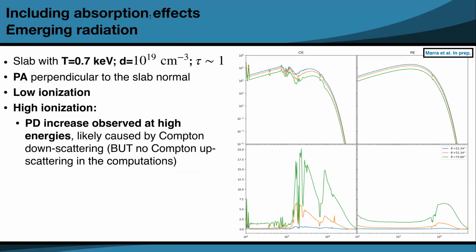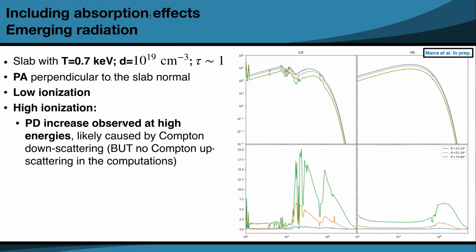The situation is quite different in the high ionization case. In this case, we don't observe many absorption features, so there is just one, that is the iron absorption edge at 9.1 keV. And while we don't observe this strong increase in polarization degree, because we don't have that much absorption, we still observe this increase at high energy that is likely caused by Compton down scattering.